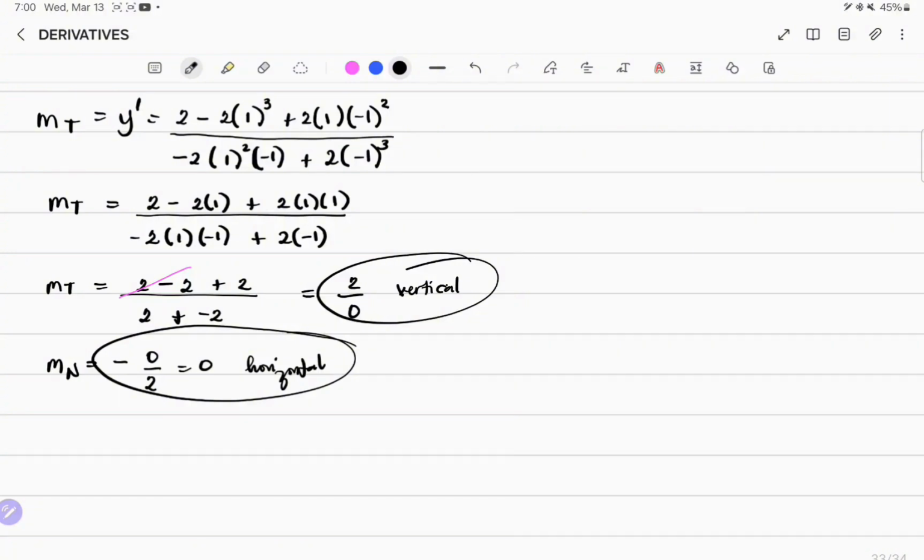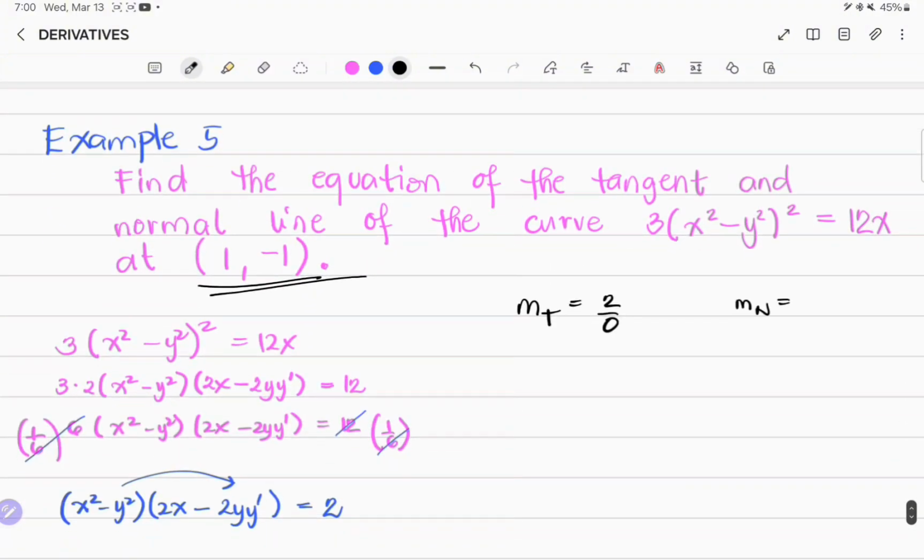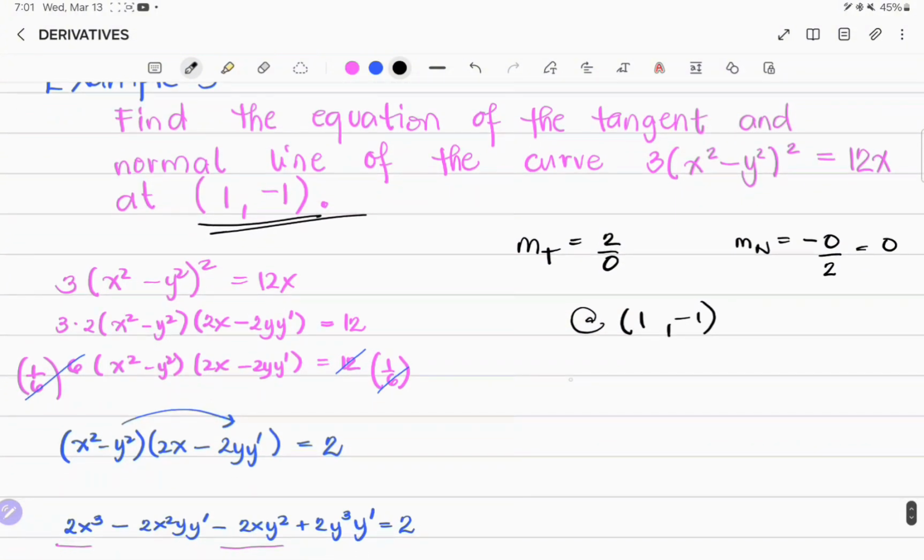So we will be utilizing that. At the coordinate of the point of tangency, that is 1 and negative 1, and by using the point-slope form, we can determine the equations of the lines.